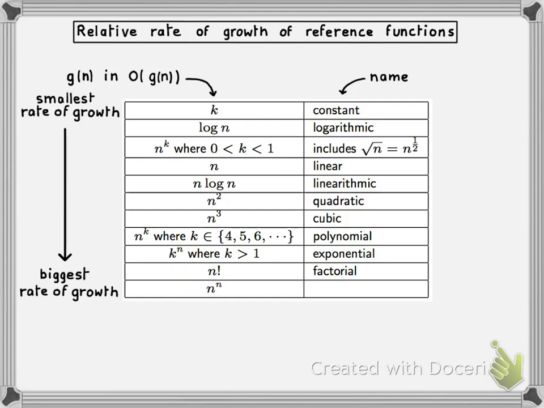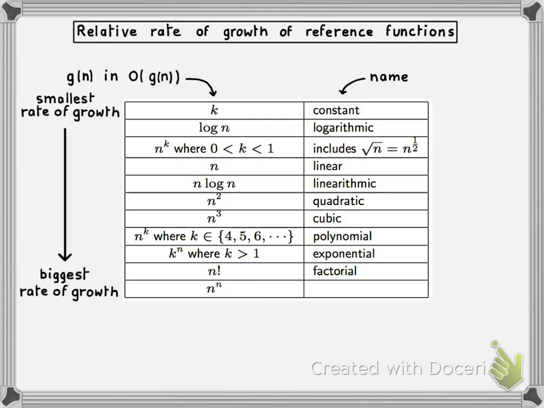So if k is equal to 2, the function 2 to the power n is an upper bound on all of the polynomial functions. Of course, if k is larger than 2, like 3, the function 3 to the power n grows even faster than 2 to the power n. Then the factorial function is an upper bound on the exponential functions, and the function n to the power n also grows faster than the factorial function.